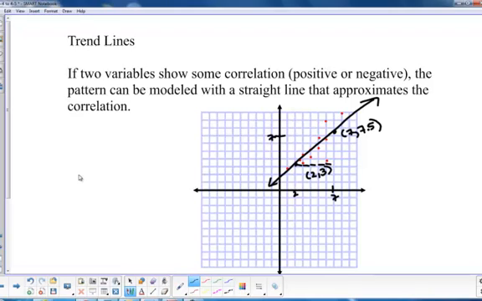So 1, 2, 3, 4.5, and this is 5. This is my rise, and this is my run. So our slope is 4.5 out of 5. That's a number just below 1. And my beginning, it looks like my B is a number just below 2. So maybe like 1.8.